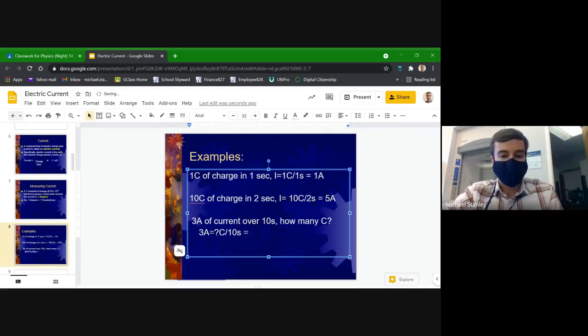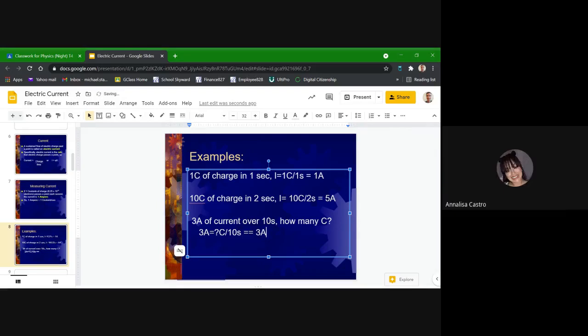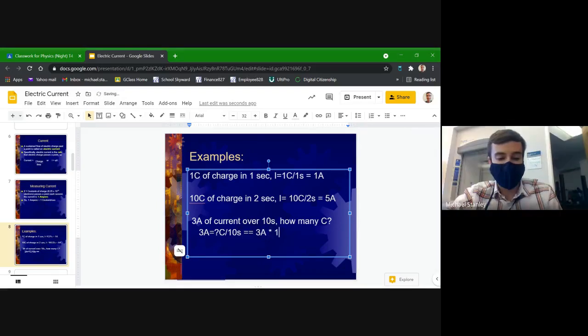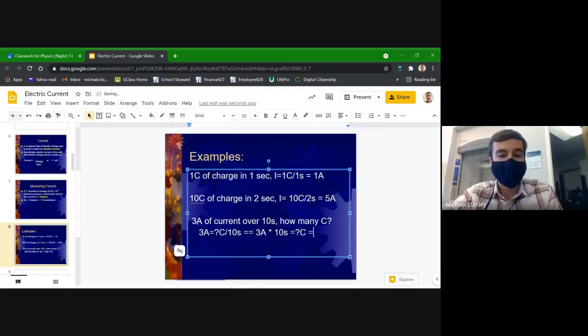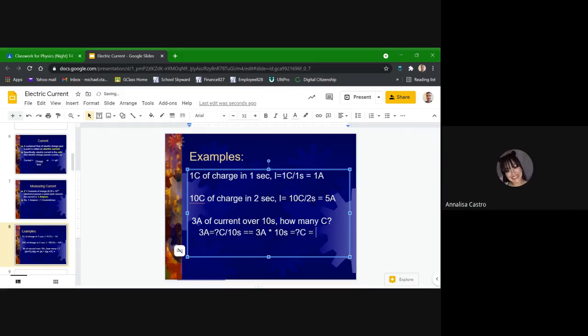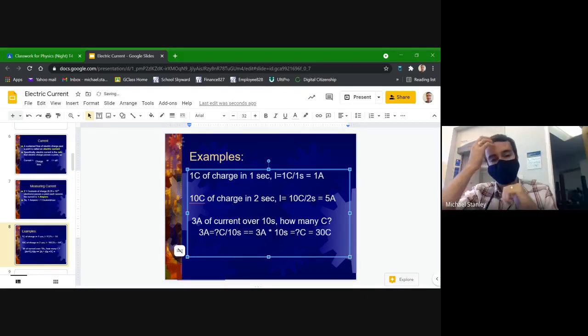It would be 30. So yeah, this would be the same thing as 3 amps times 10 seconds equals some amount of charge. And like you just said, that is equal to 30 coulombs.